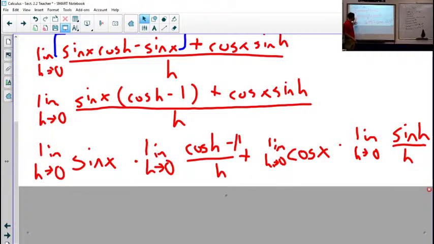And then I'm going to split up my different limits. And we have some limits that we know. There's one that we don't, which I'll talk about.